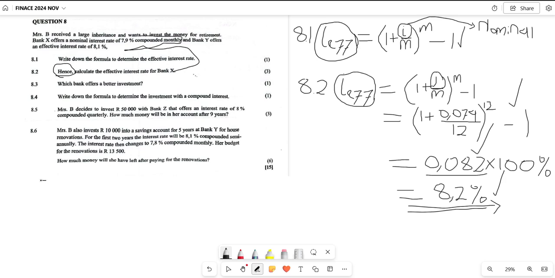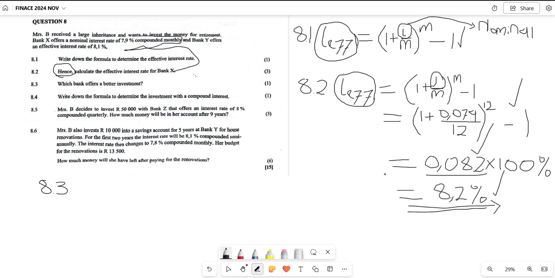Right, we proceed to 8.3. In 8.3, it says, which bank offers a better investment? Now, we have Bank X that offers the I effective of 8.2%, and we have Bank Y that offers the same effective interest rate of 8.1. We can see that 8.2 is greater than 8.1, meaning that we check the interest rate.